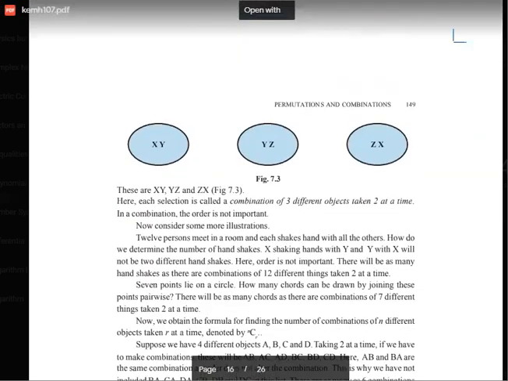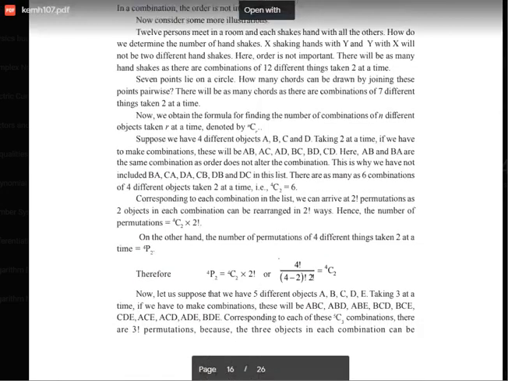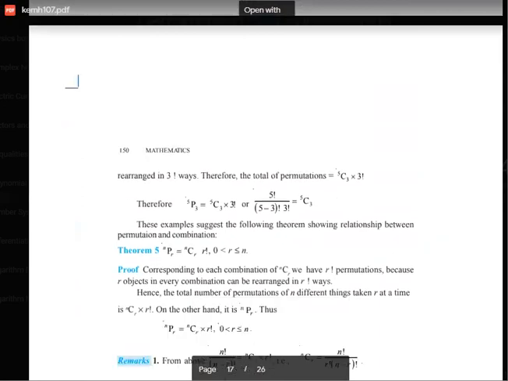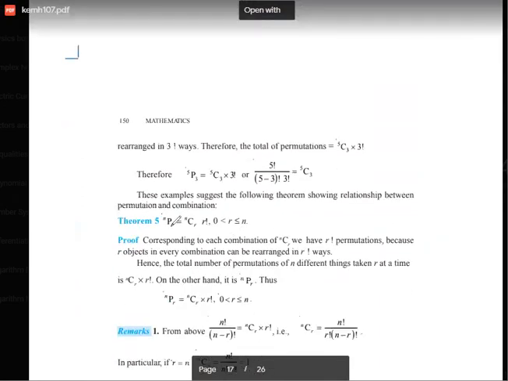As I said, combination is just selection. So NPR is equal to NCR into R factorial. This is the formula here.